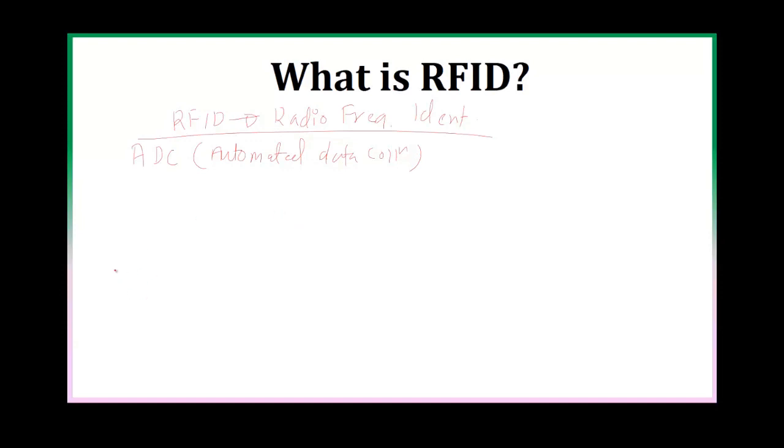You already know how the process goes: you have a tag and a reader, and a reader can read multiple tags. The tags are fitted with a unique key, so when you scan one, you get access to its information.